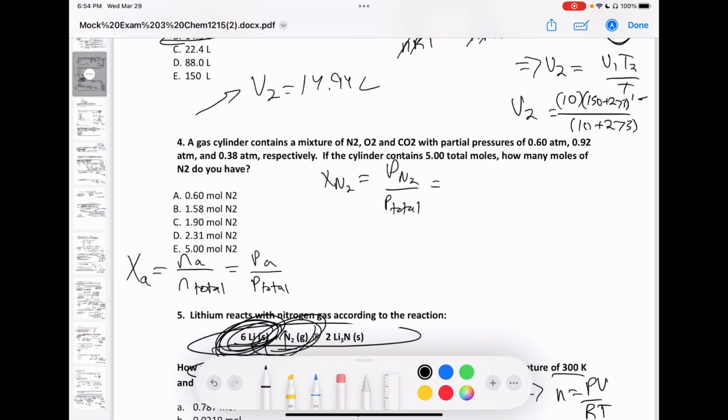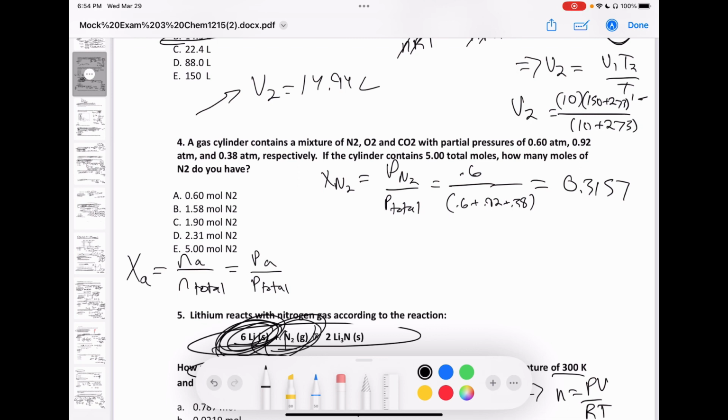The pressure of N2 is 0.6 over the total, 0.6 plus 0.92 plus 0.38, which gives a chi of 0.3157. And there are no units for this. It's just a fraction quantity for this container.